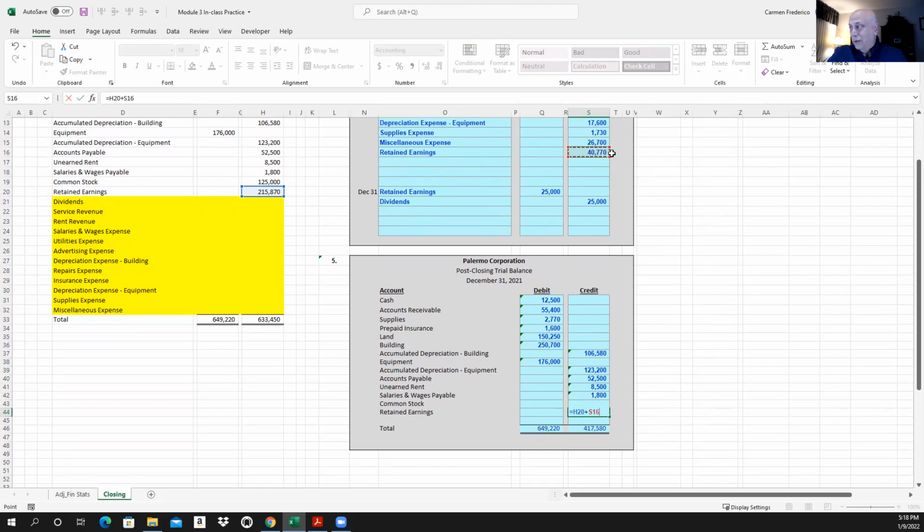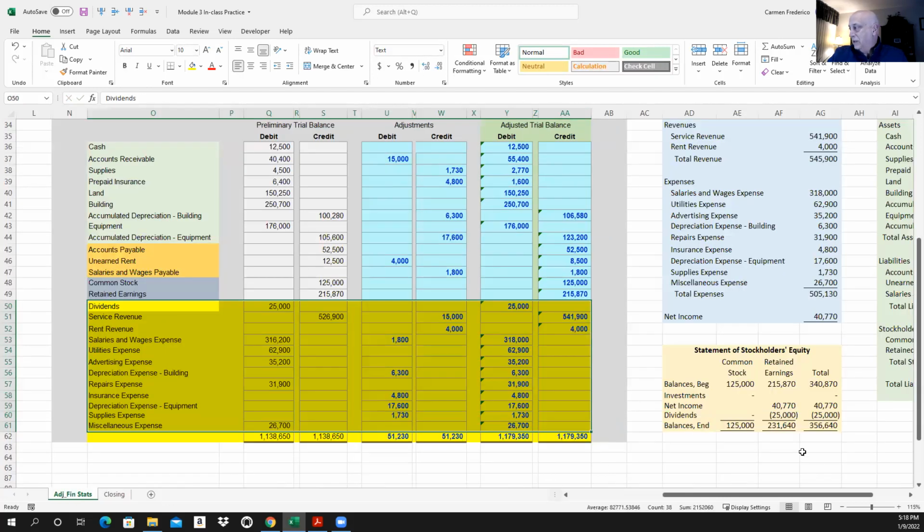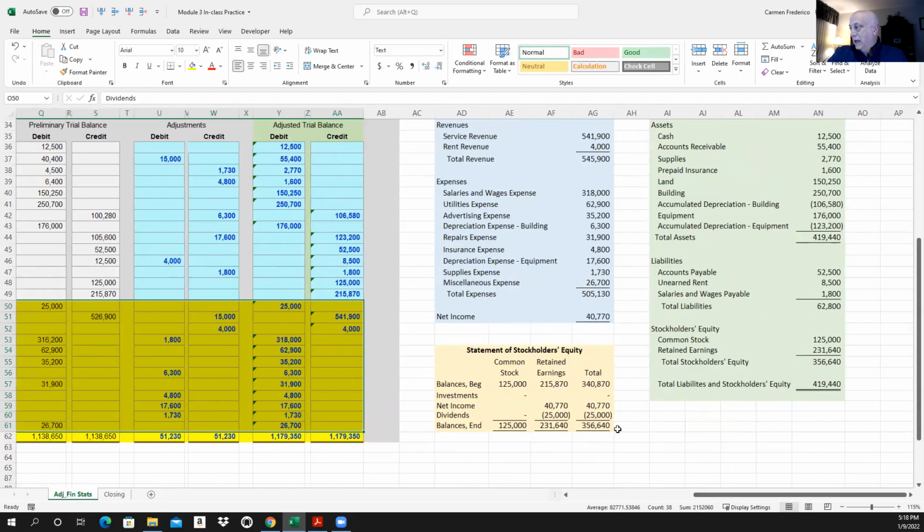That adds to our retained earnings. And we're going to subtract our dividends that we just journalized. So our new balance is going to be the $231,640. Okay, $231,640 that we saw on our statement of stockholders' equity reconciliation on the previous video.